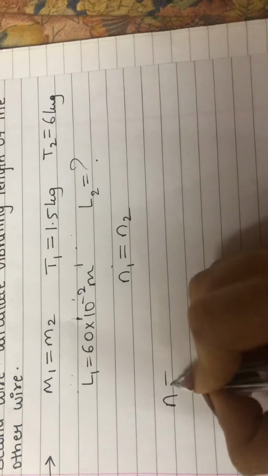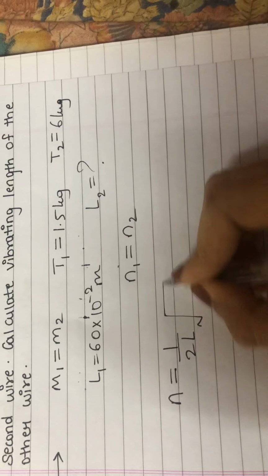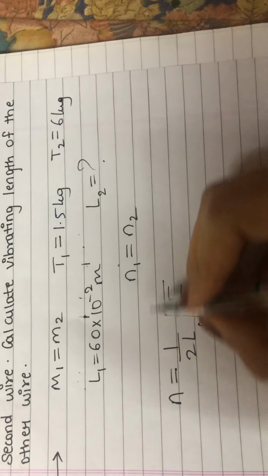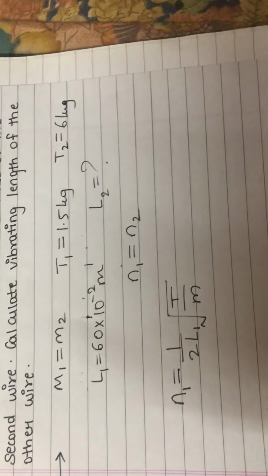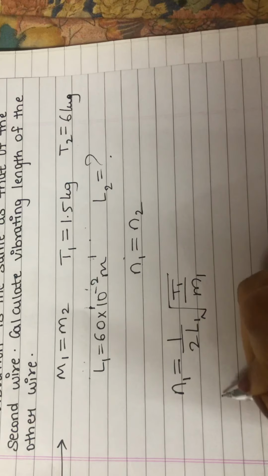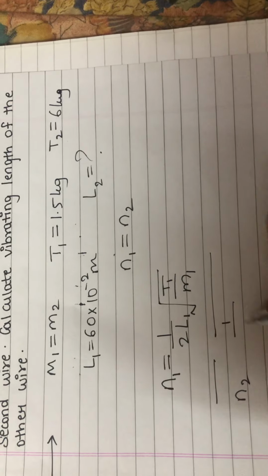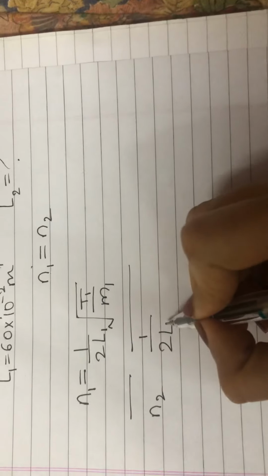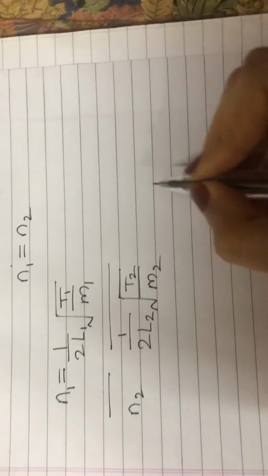We have the formula for the fundamental frequency of a vibrating string, that is 1 upon 2L under root T upon M. For the first wire it will be N1 equals 1 upon 2 L1 under root T1 upon M1, and N2 equals 1 upon 2 L2 under root T2 upon M2.